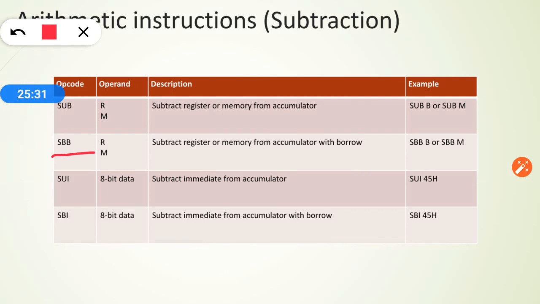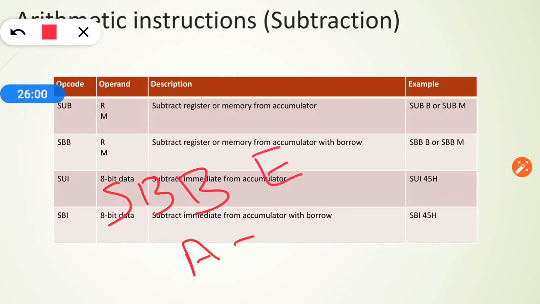Then the next instruction is SBB. SBB means subtract with borrow. That means whenever we are subtracting, a borrow may be generated, so we have to subtract that borrow to get accurate results. If I write SBB E, E is a general purpose register.